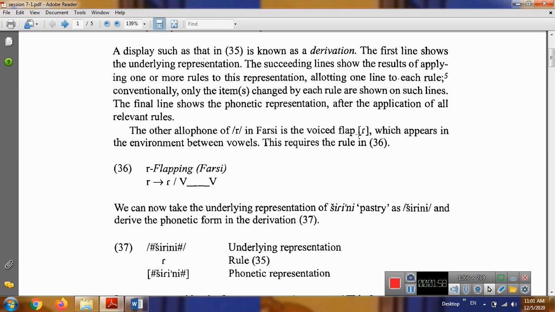But when we want to show its structural change, its phonetic representation, we use square brackets on both sides of that sound. Therefore, it is trill re which comes before the arrow, and this flap re comes after the arrow.